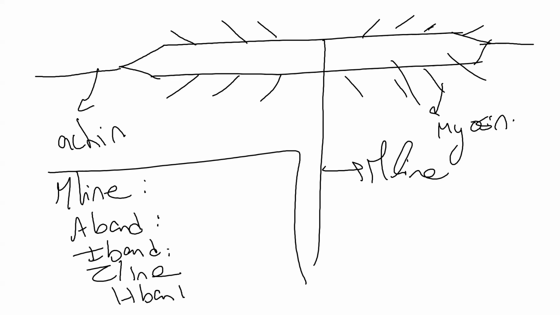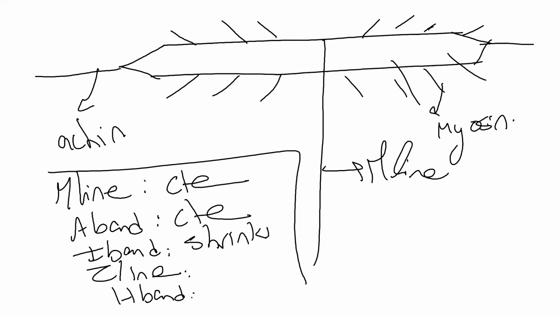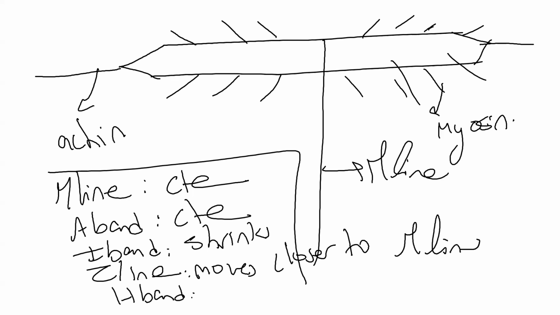When we contract this sarcomere, the M line is always constant, the A band is always constant, the I band shrinks, the Z line moves closer to the M line, and the H band shrinks.